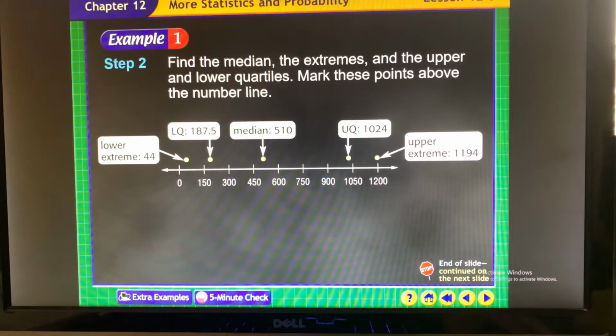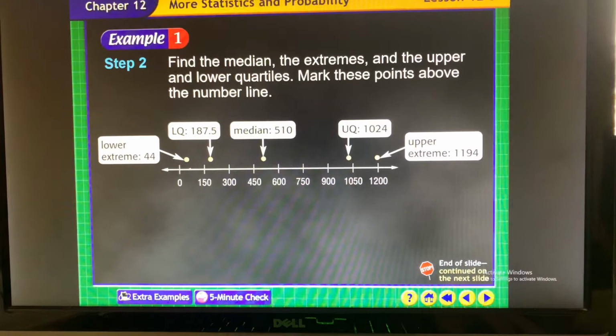You took your data and found your center number. Then you found the median of the lower half, which is your lower quartile, and the median of your upper half, which is your upper quartile. Your upper and lower extremes were your least and greatest values. Then you plot those points.